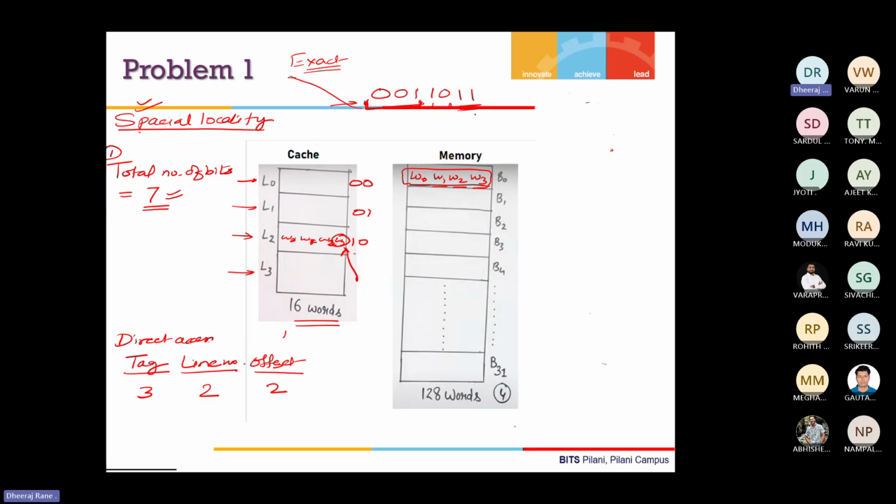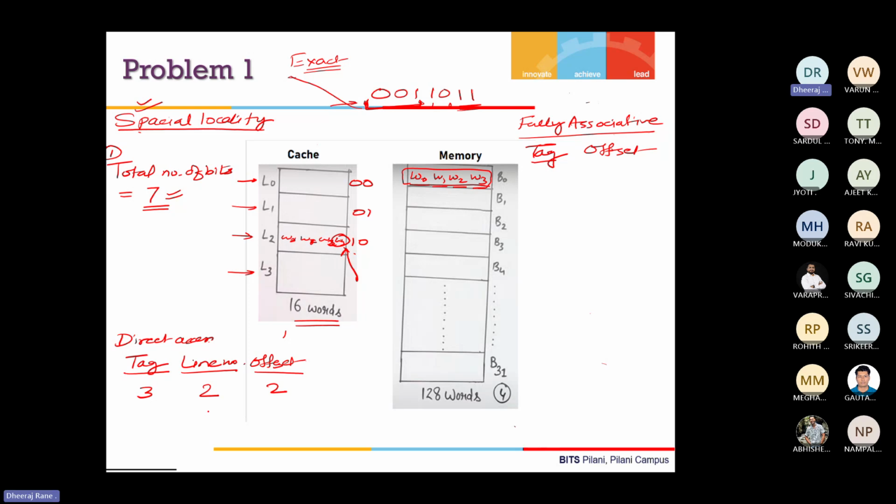Okay. What about fully associative? You should be clear about the categories that you will require. Okay, fully associative, because you can put the data in any line number, right? So that way it will be only tag and offset. I hope you got the point.